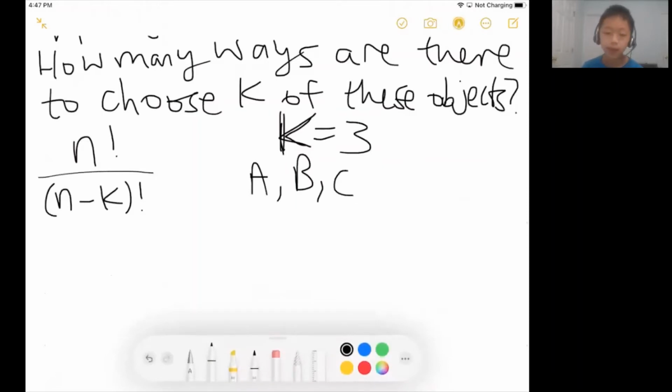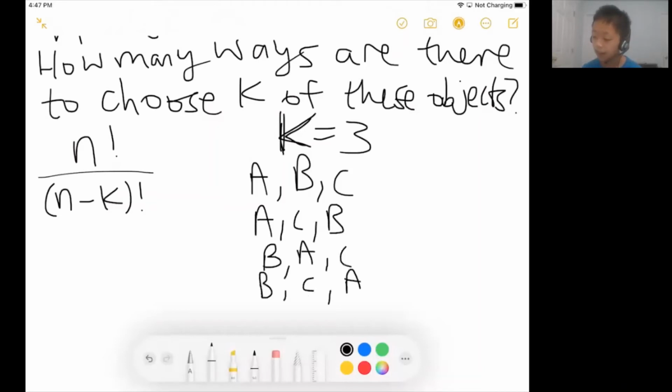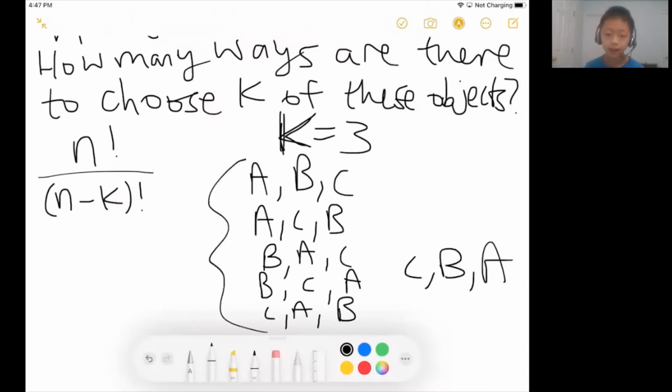For example, we counted the arrangement ABC differently from ACB, BAC, BCA, CAB, and CBA. In the permutations, we counted all of these as different. But in the combination, we want to count this as the same because we're essentially just choosing the same 3 objects. We don't care about the order.